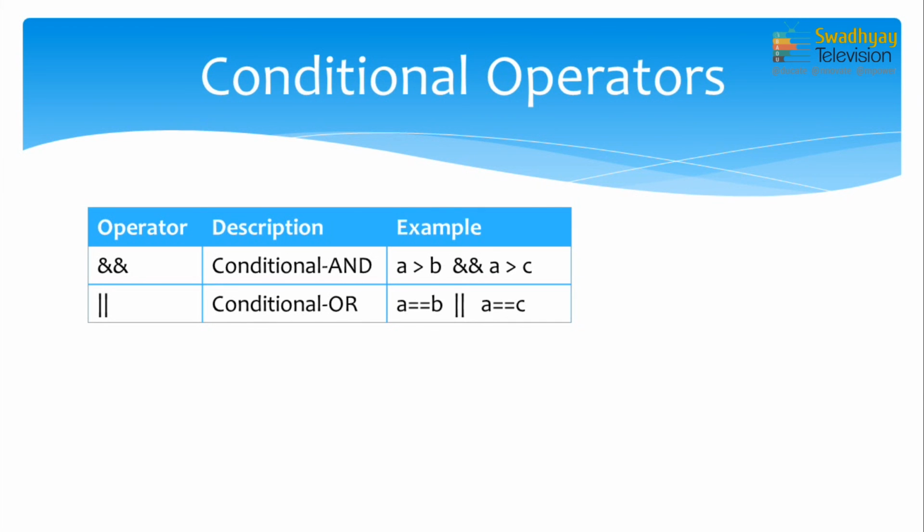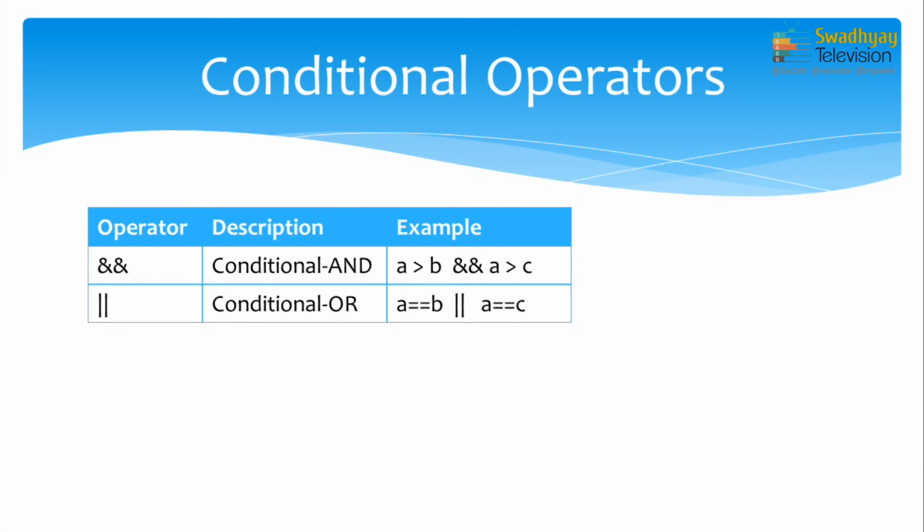A is maximum only if A is greater than B and A is greater than C. So, if the first condition is true and the second condition is true, then AND returns true, otherwise it returns false.